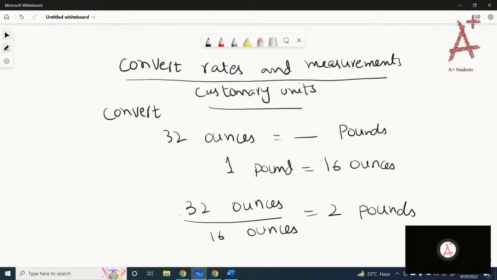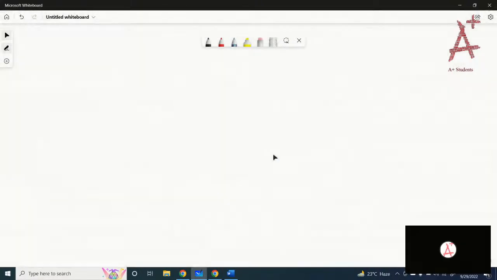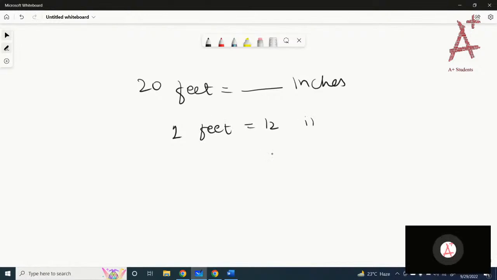20 feet equals how many inches? So we know that in 1 foot we have 12 inches. Got it?